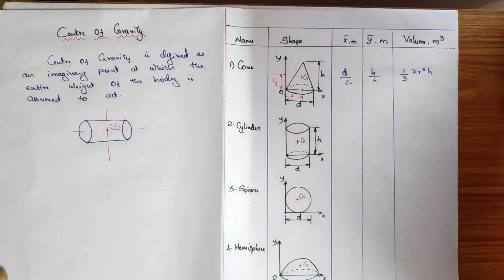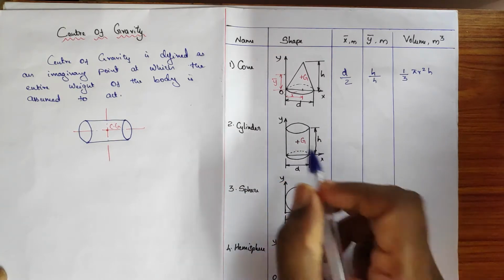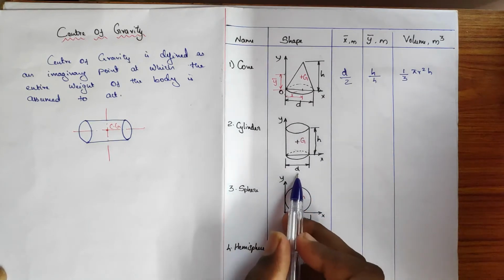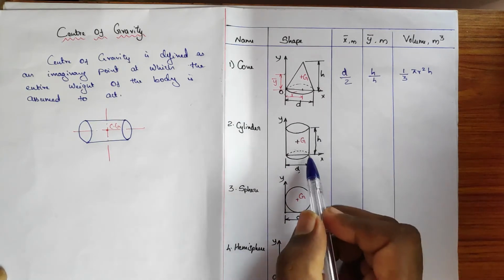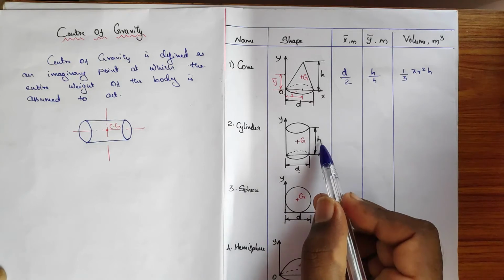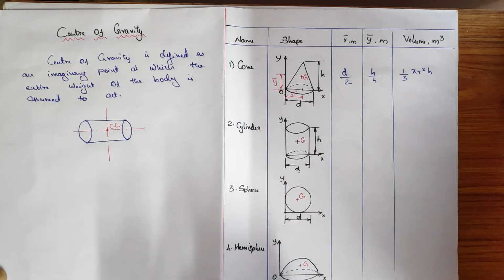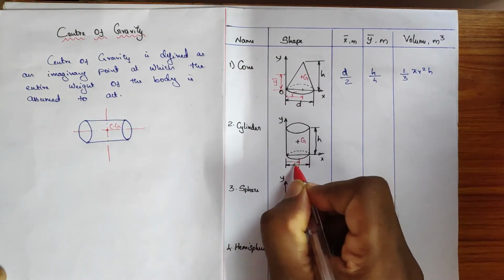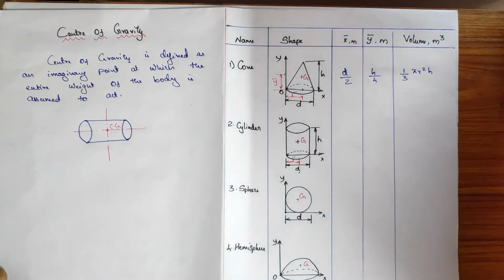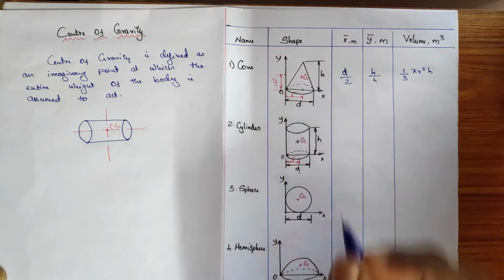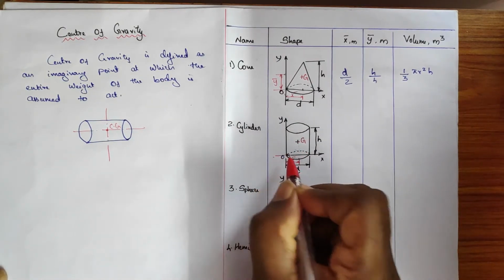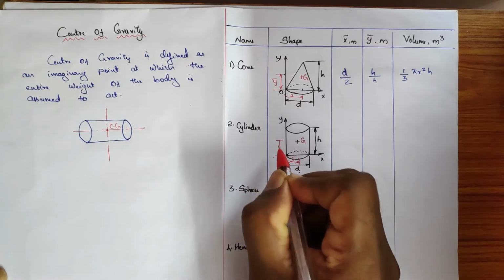Fine. And move to the cylinder. Here comes the cylinder. The bottom base I have taken as D in terms of diameter, and the height of the cylinder I have taken as h. So this is the distance called x bar from O to this particular G in the x direction, and this is the y bar.